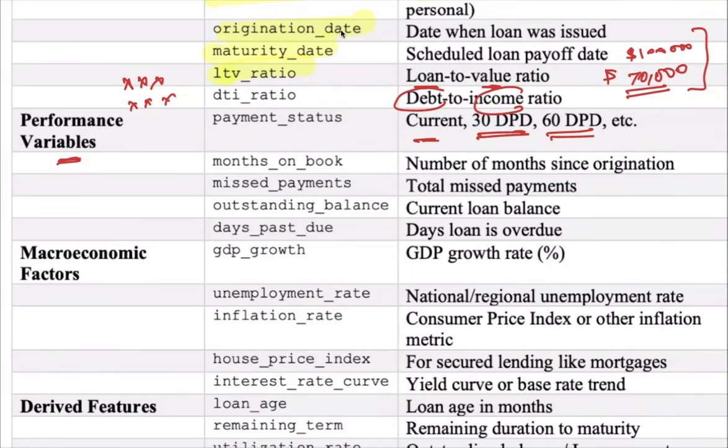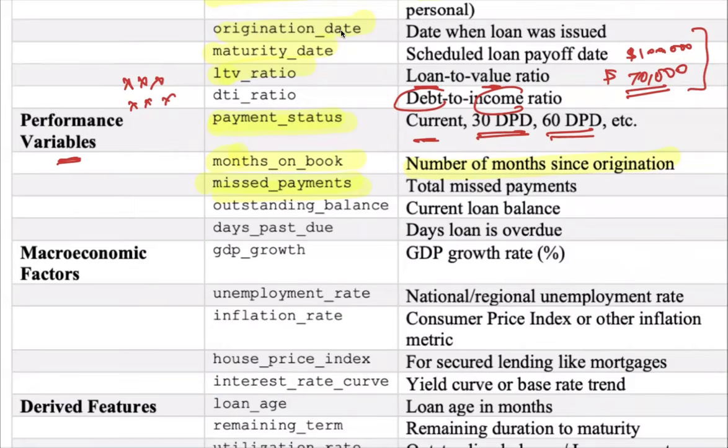So now the next is, we just covered payment status. Months on book basically tells you the number of months since origination. Let's say you took a loan 2 years back, so the number of months will be 24 months. Why is this important? Because it's very important to understand whether in these last 24 months you have defaulted or not. Missed payments are also important, whether you have missed any payment or not.